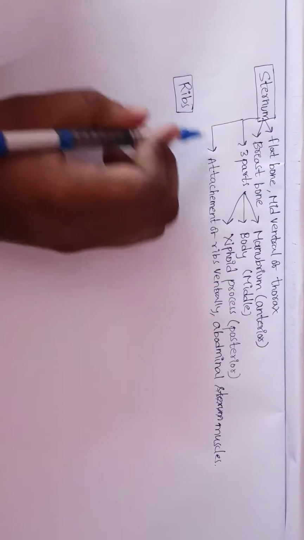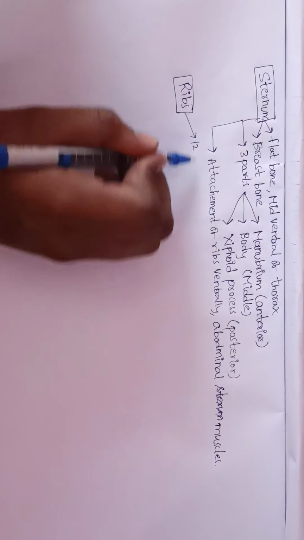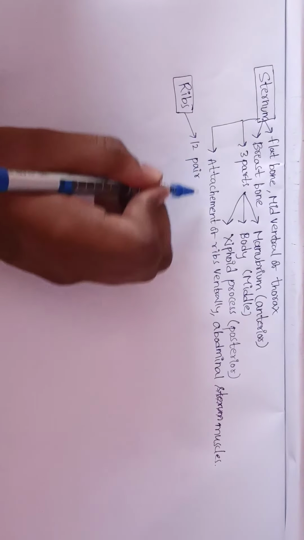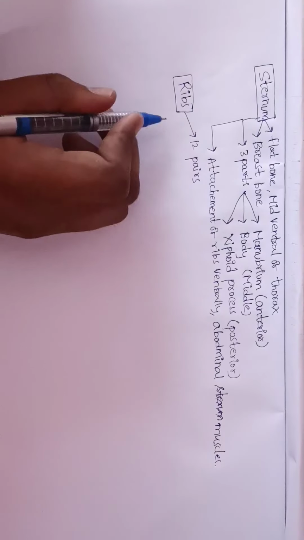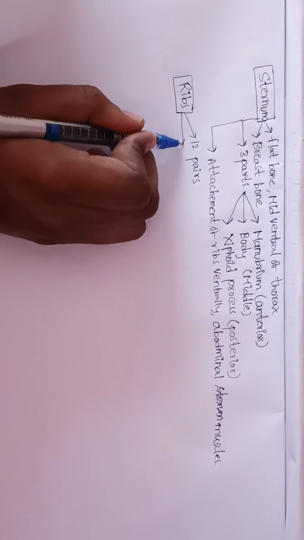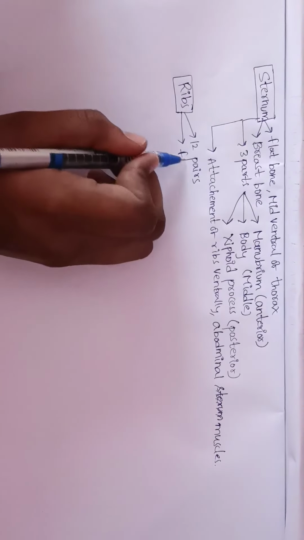We have 12 pairs of ribs. These ribs are flat bones.